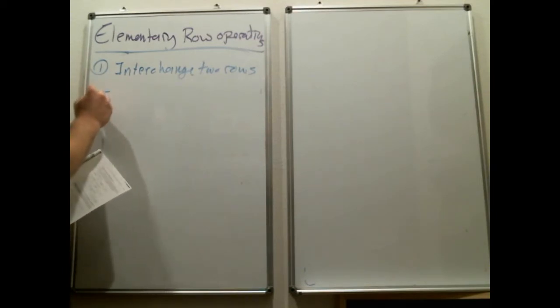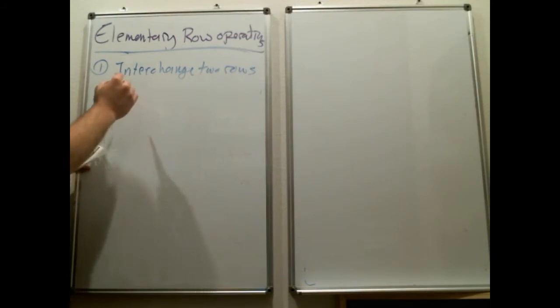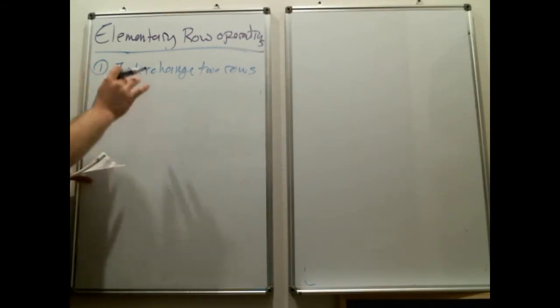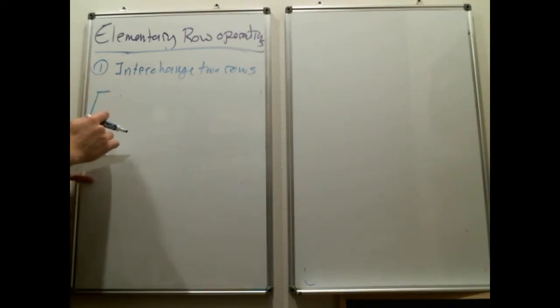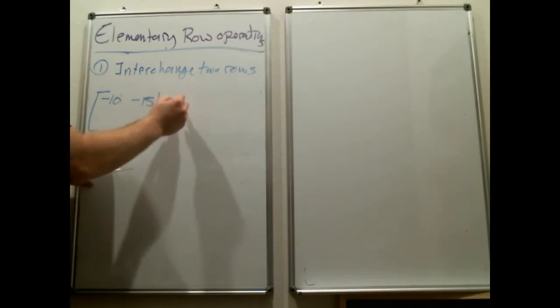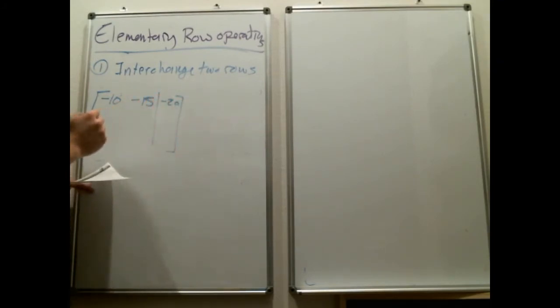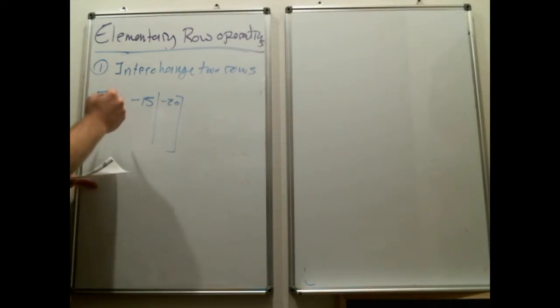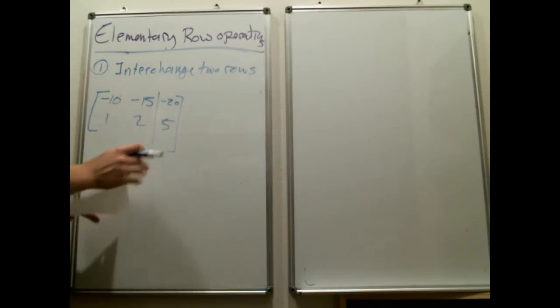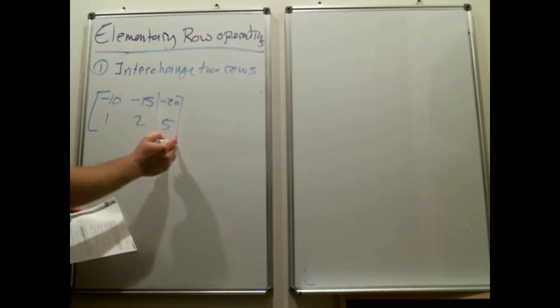Let's say we have -3. No, I lied. I didn't write my notes how I wanted it. -10, -15, -20. 1, 2, and 5. And so this is just a 2 by 2 matrix.